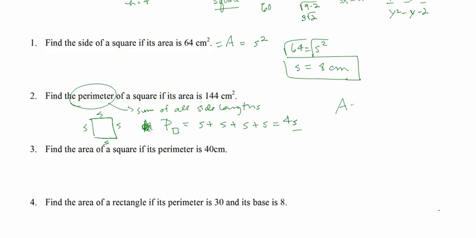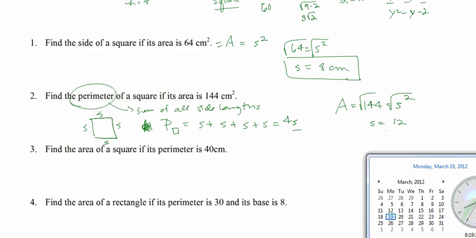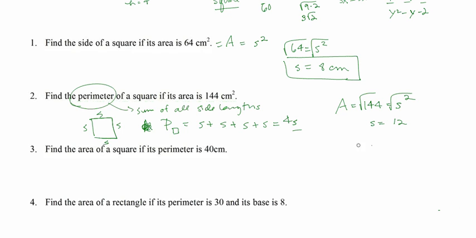Now, I don't know what s is, but I do know that the area is 144. And I do know the area is equal to s squared. So I'll square root both sides and get 12 units. And then, sorry about that, perimeter, of course, is 4s. 4 times 12 is 48.